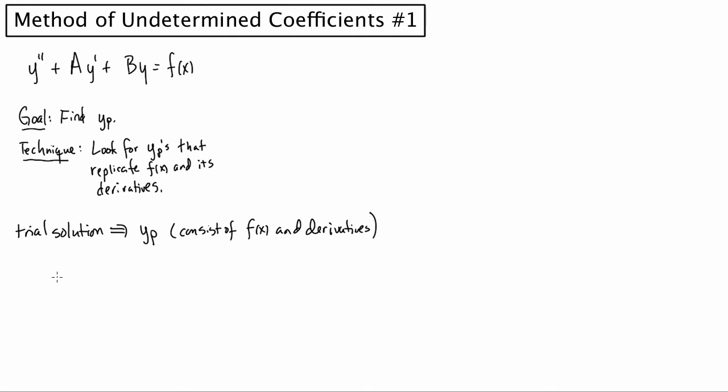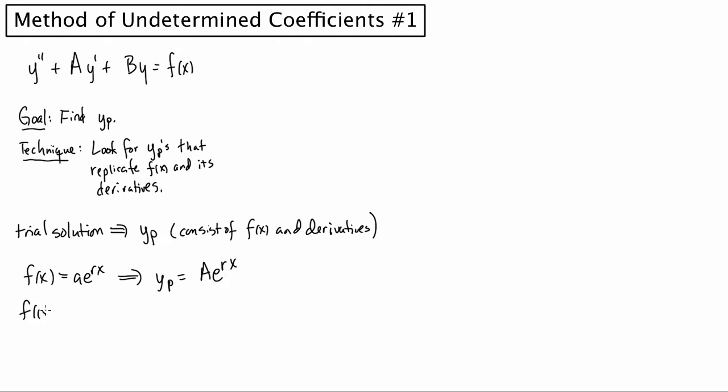So, for example, if f of x is equal to an exponential, say a e to the rx, then my guess y sub p is the exact same thing, because if you take the derivative of e to the rx, you get back e to the rx, but the constant may be different. So rather than lowercase a, I have capital A representing a different constant. So if my function is forced by an exponential, then my guess is an exponential to be the solution.